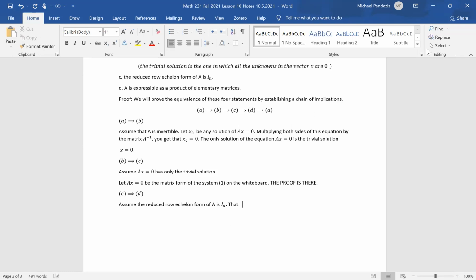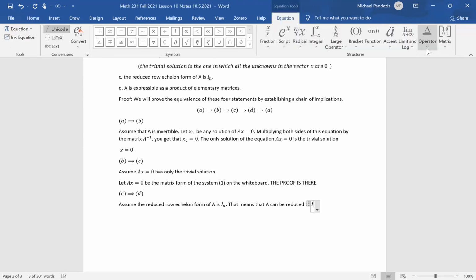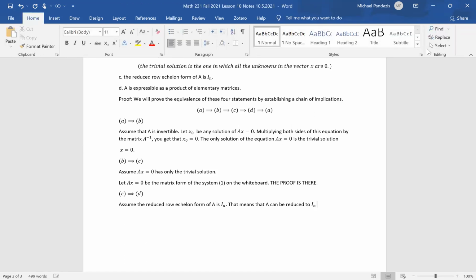That means that A can be reduced to I sub n by a finite sequence of elementary row operations.